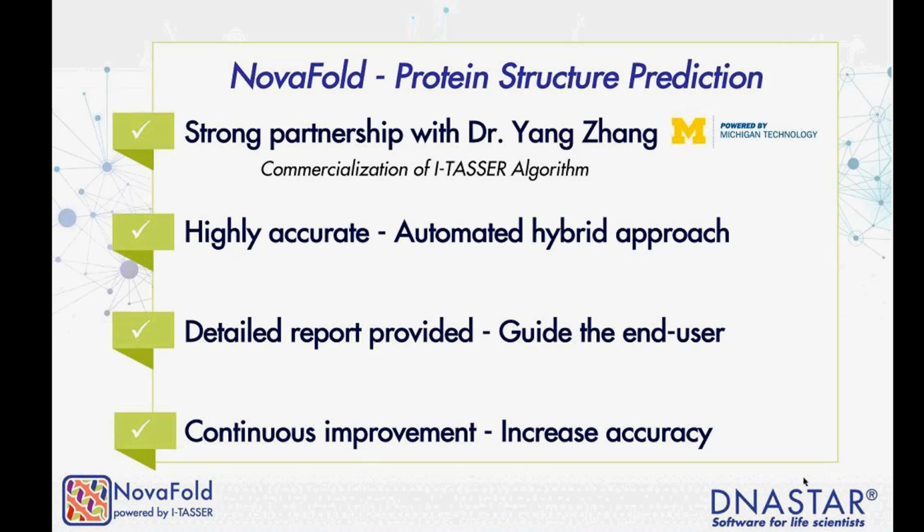At DNASTAR, with all of our applications, and certainly here in the protein field, we're always striving towards continuous improvement. We want to make sure that we can always build on the highly accurate structural models that we generate and continue to improve on accuracy.